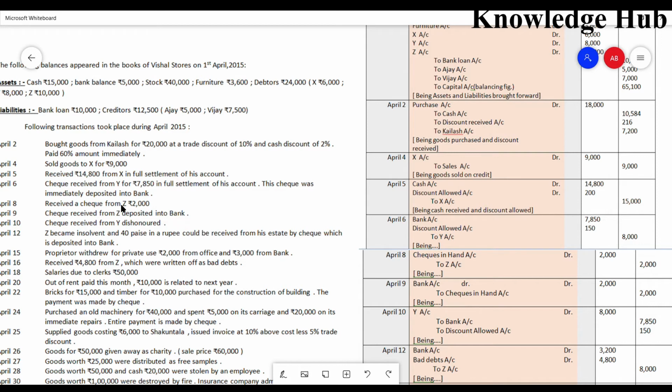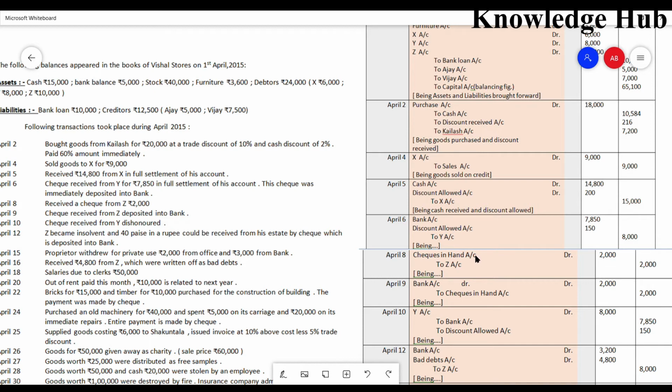So this particular transaction is divided into two days. First, I have only received the check. On the next day, I have deposited my check into the bank. So now let's look into the journal entry. Being check received from Z on April 8th, I have debited my checks in hand account because a check is coming in.